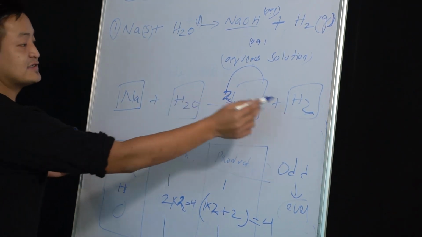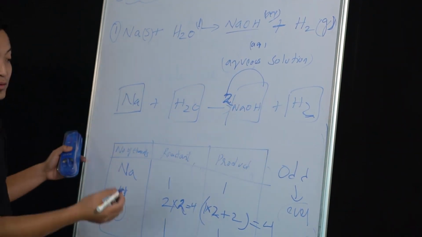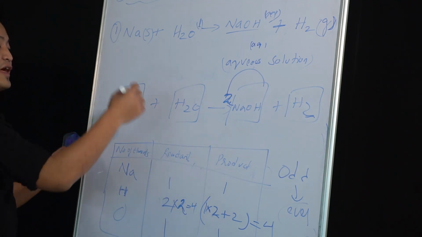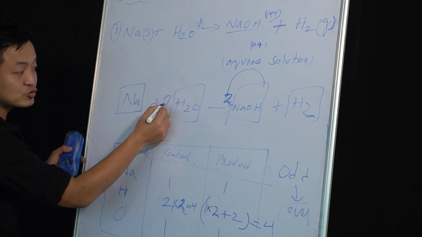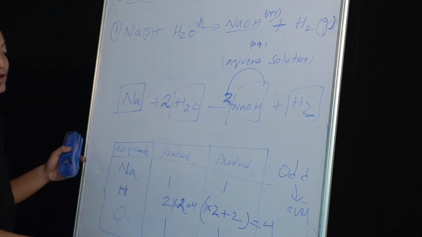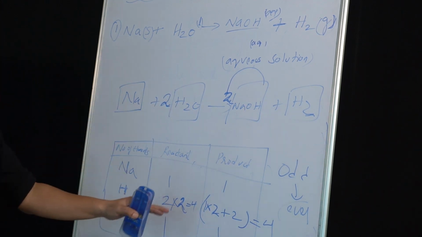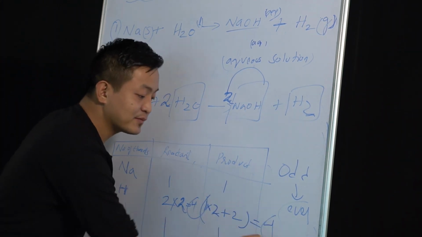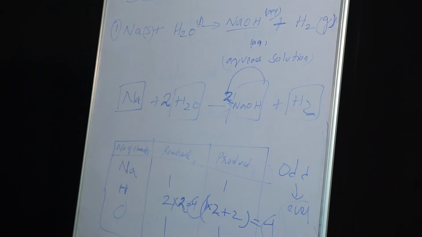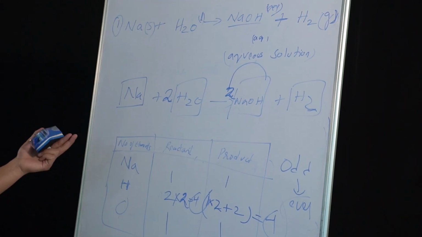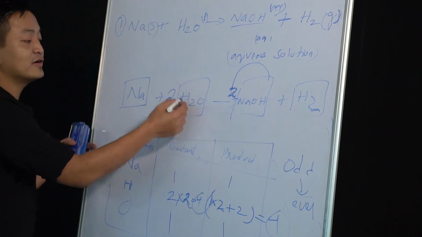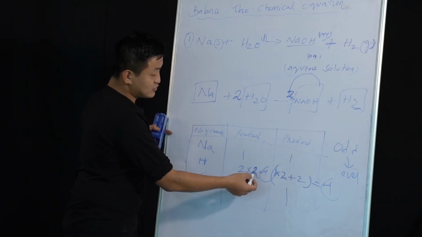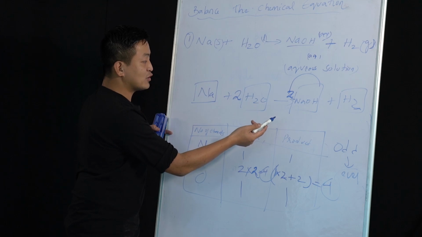So in order to balance this on the left hand side, I have added another 2 hydrogen before the formula. That makes our hydrogen 4, 4, which is balanced. So our hydrogen is balanced, but look here.